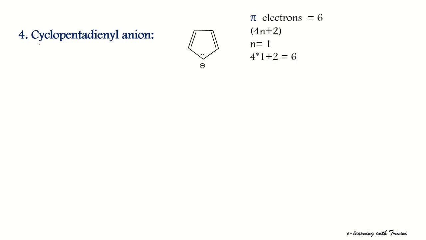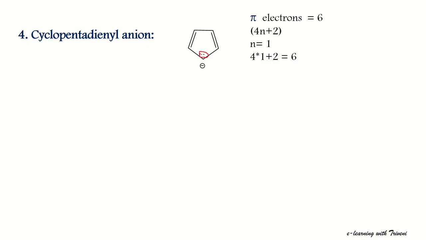Huckel's rule is also extended to explain the anions. One of the examples is the cyclopentadienyl anion. When you see the structure of the cyclopentadienyl anion, the negative charge indicates the presence of electrons. So, here instead of taking 2 double bonds, we have to consider these electrons also. Why?